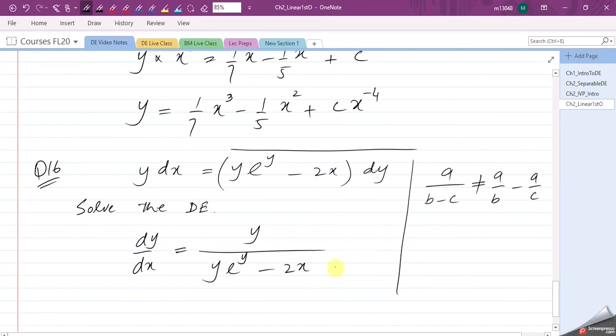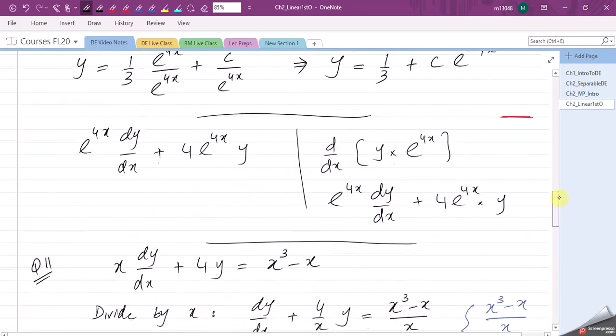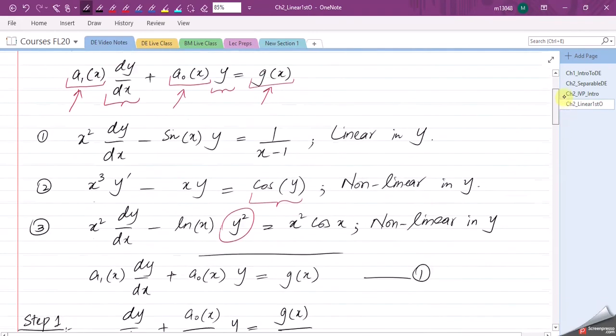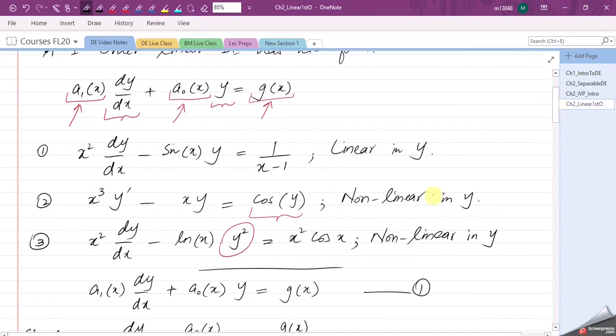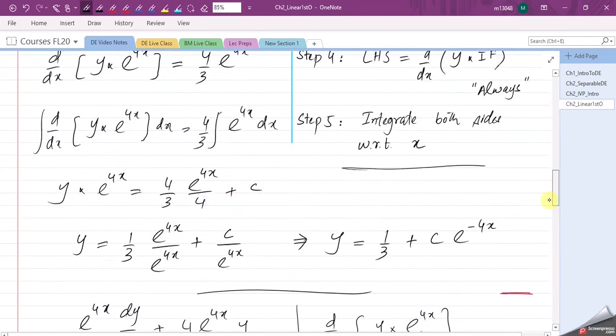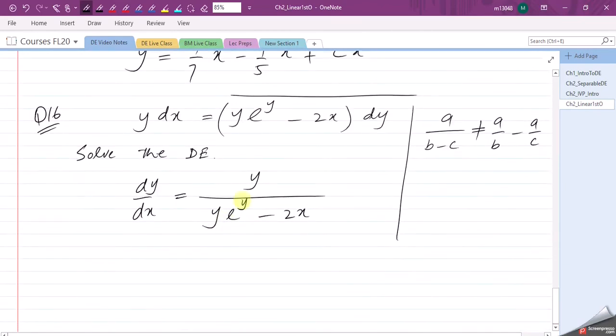And even if we could, if you remember the definition of linear in y, linear in y does not have any function of y. It has only functions of x. That's why I added this linear in y. You see, cos y is a problem. It makes it non-linear. And now we have e power y in our question. It means this equation is not linear in y at all.